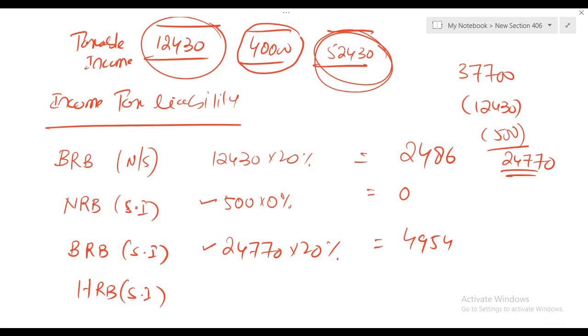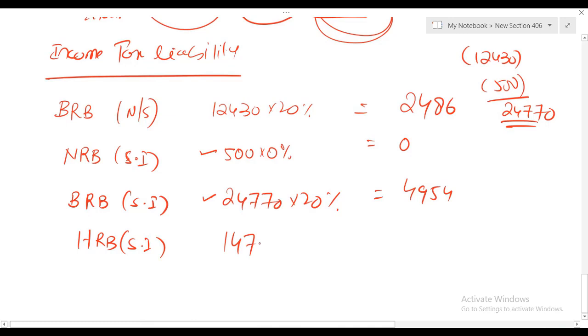Whatever is left falls in the higher rate band. 40,000 minus 500 minus 24,770, I'm getting 14,730, which falls in the higher rate band, into 40%. It gives me 5,892.